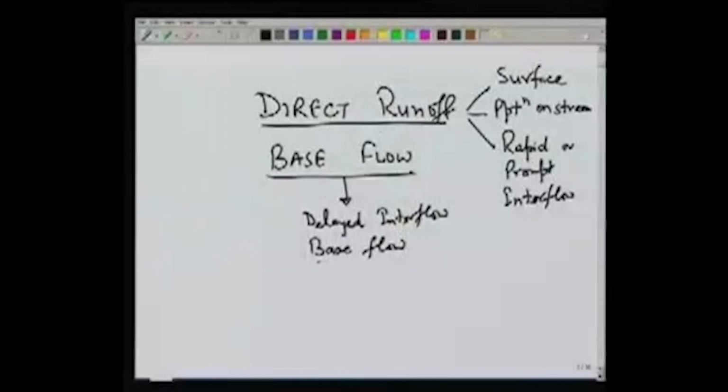It takes a while, sometimes a few days. And base flow is the component which comes from the groundwater, and typically it takes a few months or sometimes even years. So we will look at various aspects of these components and see how we can predict or estimate the runoff for a given event of precipitation.